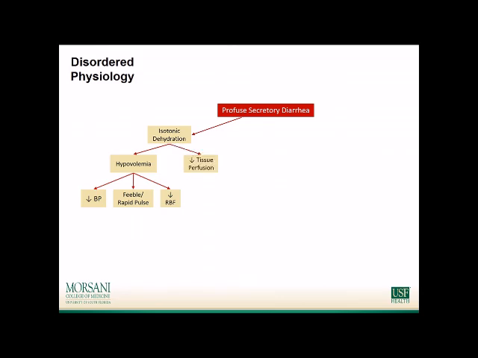And then also, in addition, because of the loss of volume of fluids, we also have decreased tissue perfusion, which can have effects like building up more lactic acid, which can have effects on her acid-base status. We also know that this profuse secretory diarrhea will be associated with bicarbonate loss in the stool.